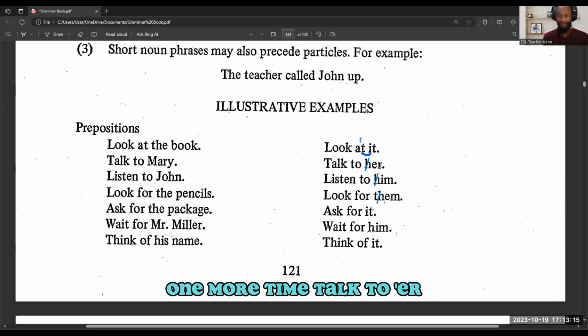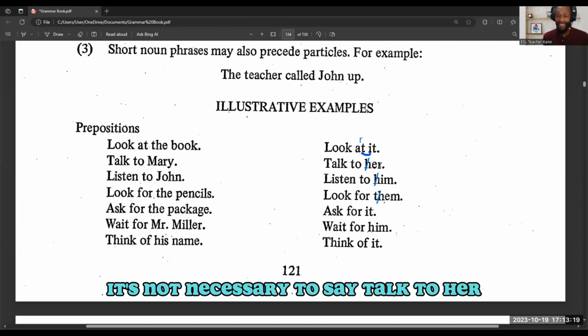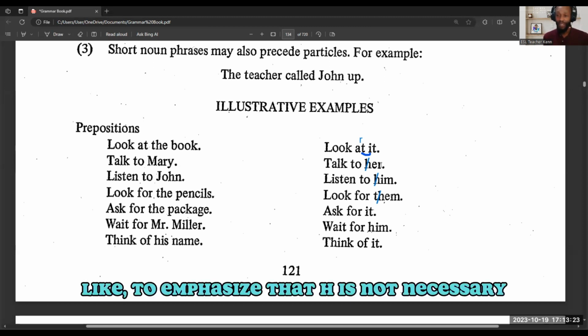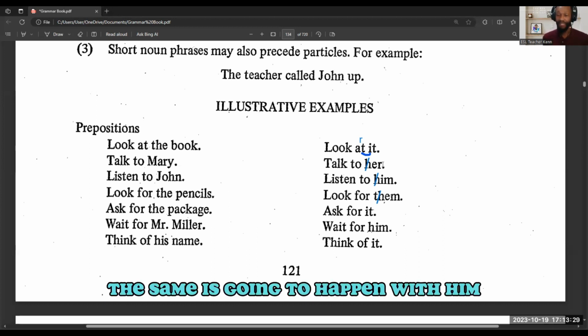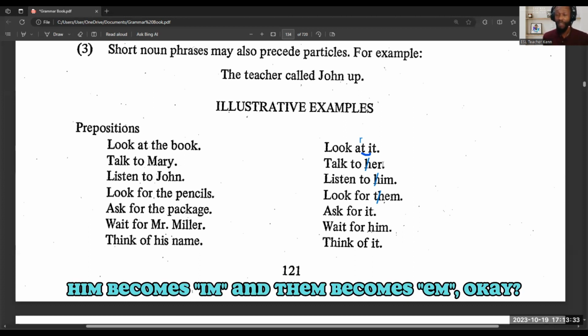Talk to her. In American English, it's not necessary to say talk to her, like to emphasize that H is not necessary. The same is going to happen with him. Him becomes 'im and them becomes 'em, okay?